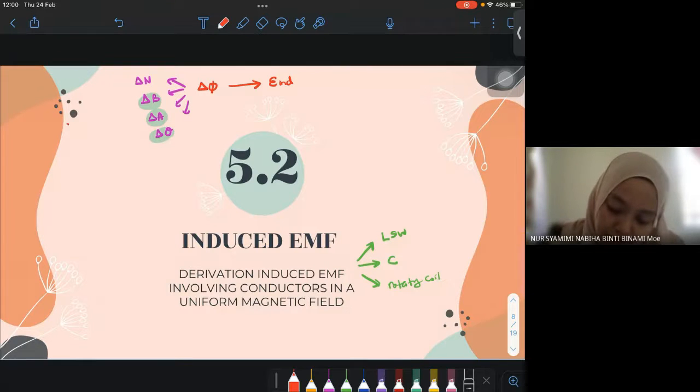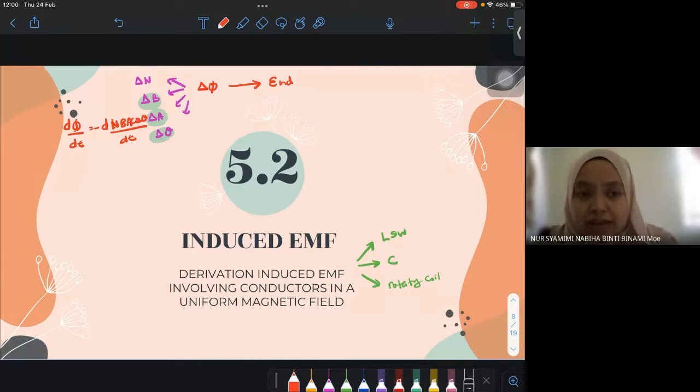Sebab dia ialah d flux over dt, negative N d BA cos theta over dt. Okay, so bila dah ada induced EMF, baru akan ada induced current. Okay. So dah ada induced current, baru kita boleh hasilkan current melalui magnetic field. Okay, so sekarang kita tengok how we want to derive equation di dalam tiga benda ni pula. Long straight wire, circular and rotating coil. Okay. So we go to the first one.